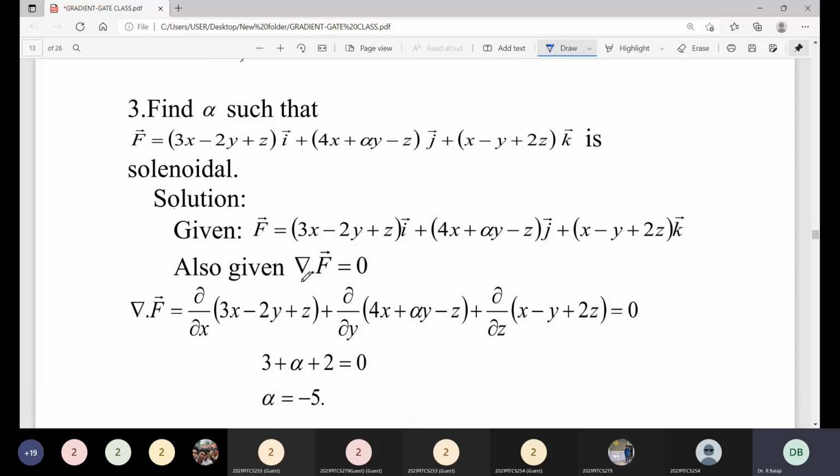Also given solenoidal means del dot F is equal to 0. Therefore, del dot F: del by del x of (3x minus 2y plus z) plus del by del y of (4x plus alpha y minus z) plus del by del z of (x minus y plus 2z) is equal to 0. So 3 plus alpha plus 2 is equal to 0. Therefore, alpha is equal to minus 5.